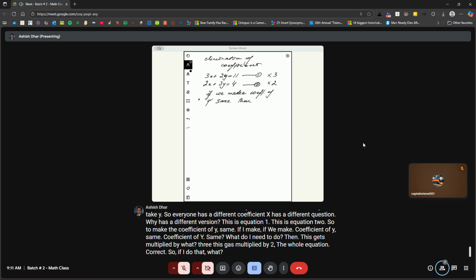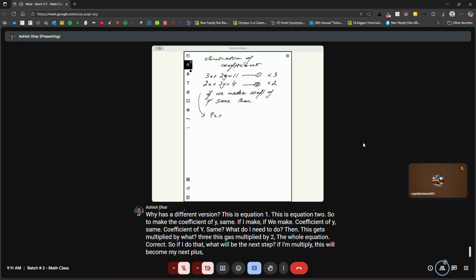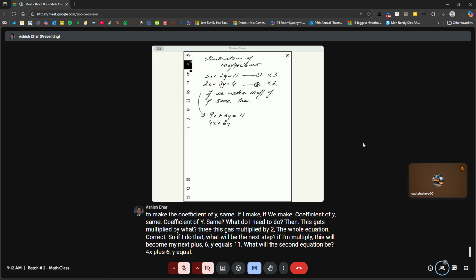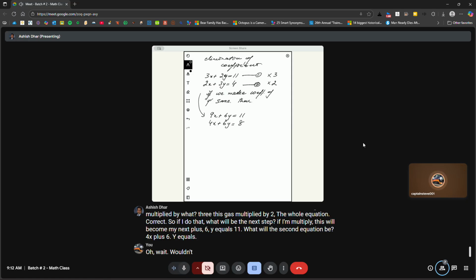If I do that, what will be the next step? If I multiply, this will become 9x plus 6y equals 33. What will the second equation be? 4x plus 6y equals 8. Yes, 33, correct.